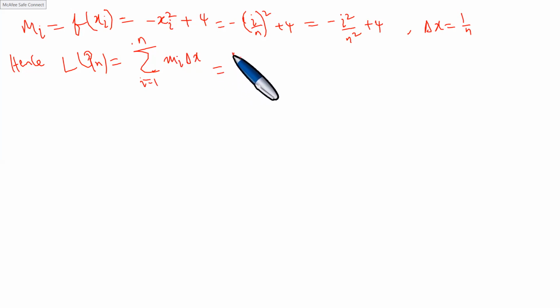As a consequence, we have minus i squared over n squared plus 4, times delta x. What is the delta x?